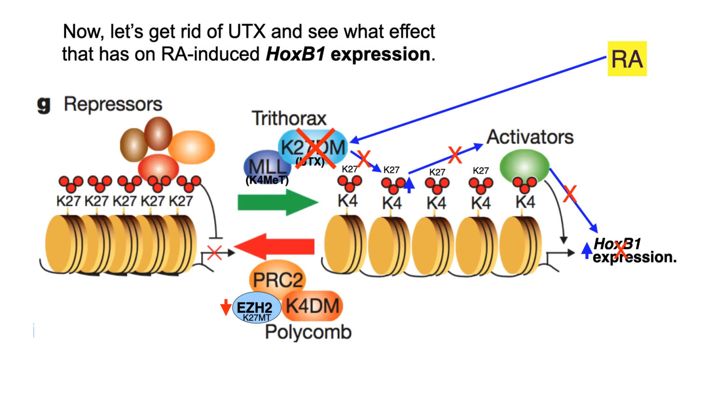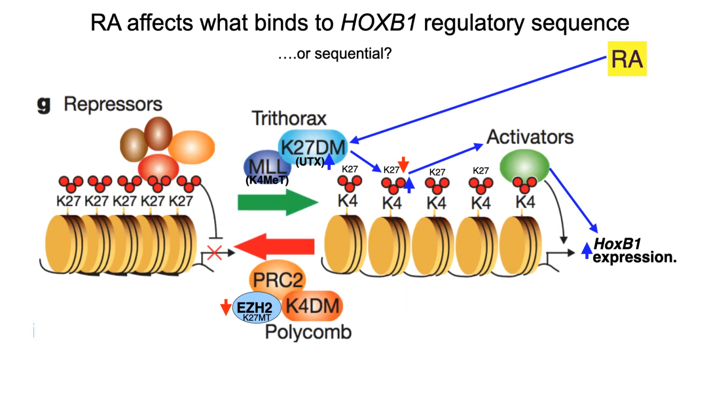What seems to be happening is retinoic acid is inducing HOXB1 expression. Let's go back to this here. Inducing HOXB1 expression by recruiting the trithorax complex, including UTX, which then itself recruits our K4 methyltransferase. So K4 gets trimethylated, K27 gets demethylated.